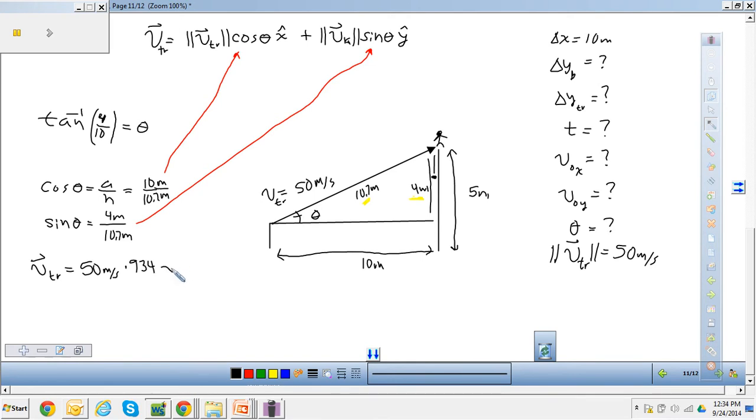And that's in the x hat. Plus 50 meters per second. Okay, now what's this other one? This 4 divided by 10.7.